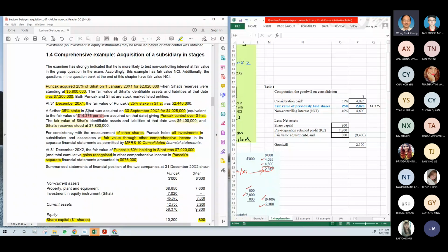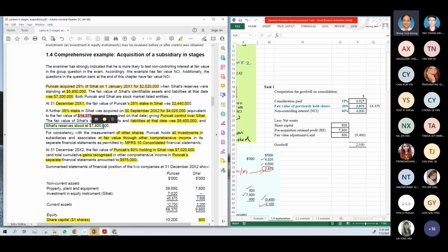They say the fair value of assets, I believe it's 9,400, or 9.4 million. You see, they told you all the asset and liability 9.4 million. So reserve is 7.8. That's clear.